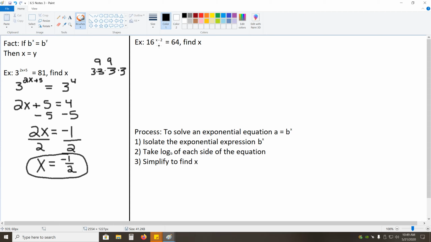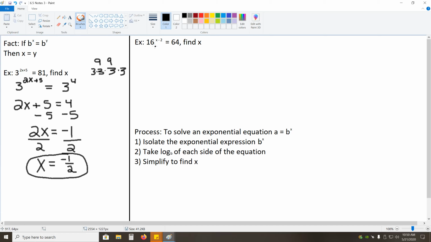First of all, we could rewrite 16 as 2 to the 4th and 64 as 2 to the 6th. But we could also write 16 as 4 to the 2nd and 64 as 4 to the 3rd. In general, the larger you make that base number, the easier the problem will be because it'll give you smaller exponents to work with.